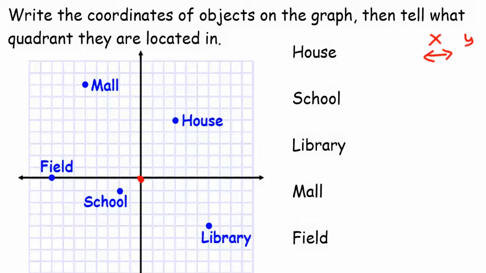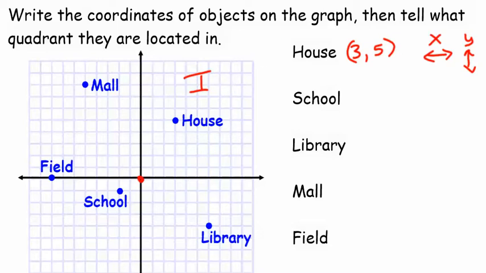My Y value goes up or down, okay? So for the house, we're going to go over 1, 2, 3. So that's a +3. And then we're going up 1, 2, 3, 4, 5. And that's in quadrant one, so you know that that's positive, okay?